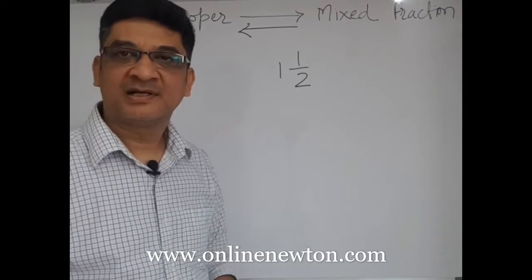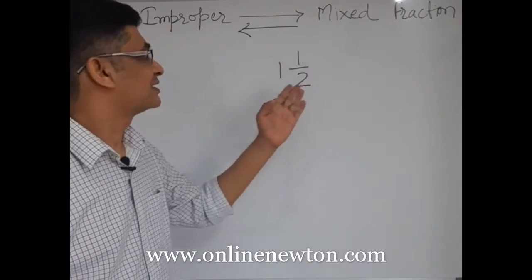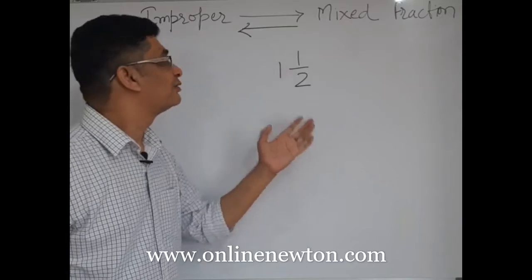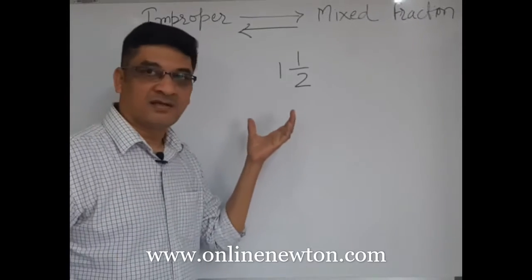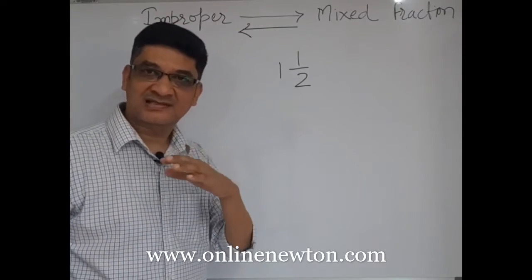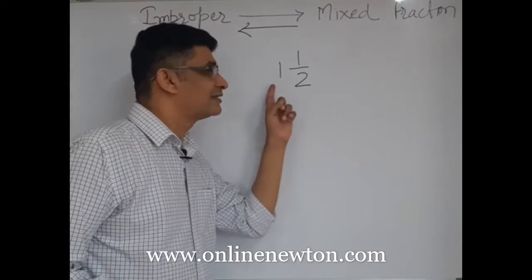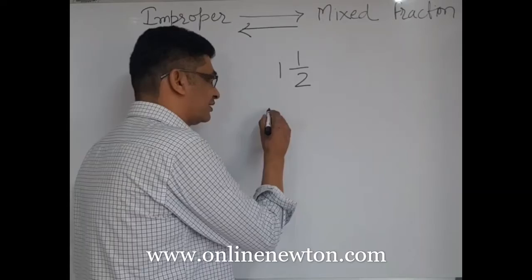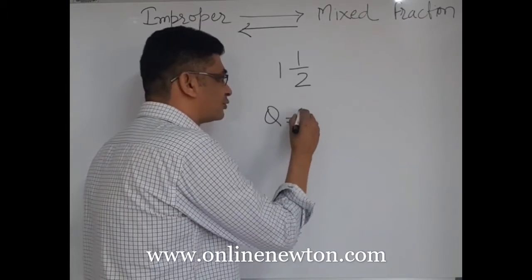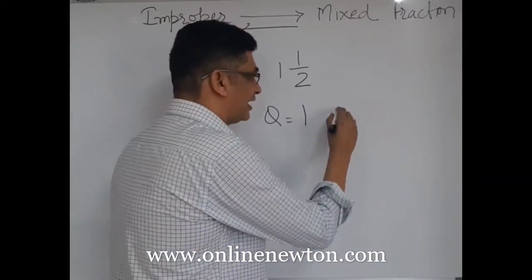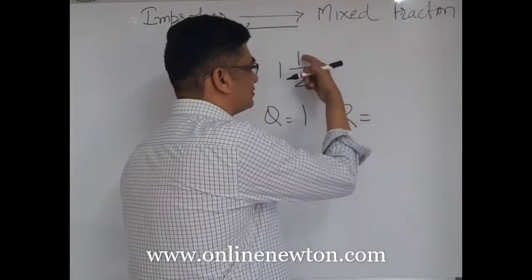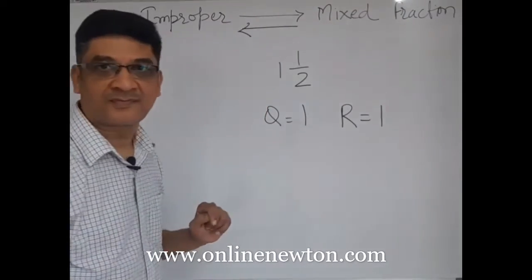But mathematically, when we have to convert a mixed fraction like 1 integer 1 by 2 into an improper fraction, now in the previous example of conversion from improper to mixed fraction, we saw that this 1 is the quotient. In this, the quotient is 1 and remainder is 1.